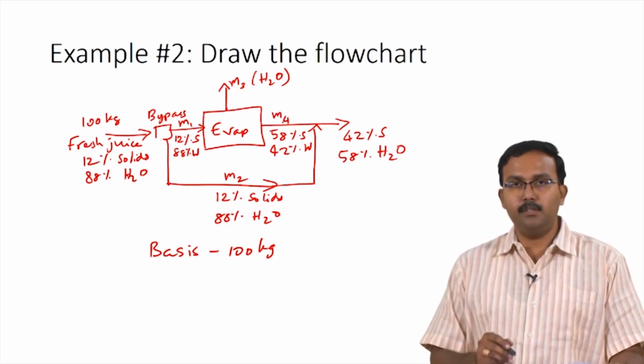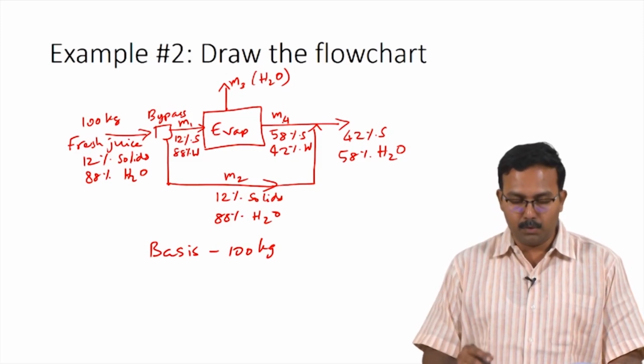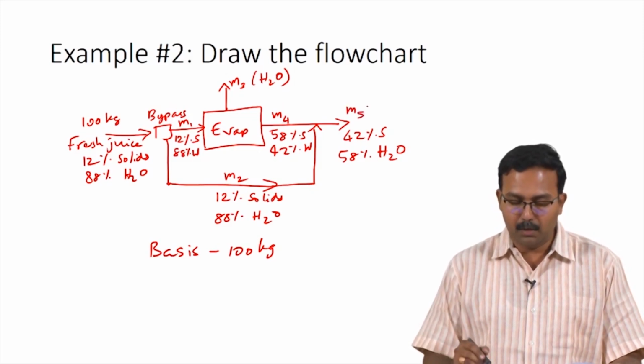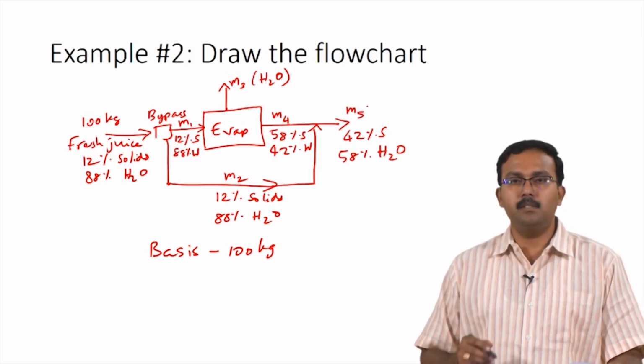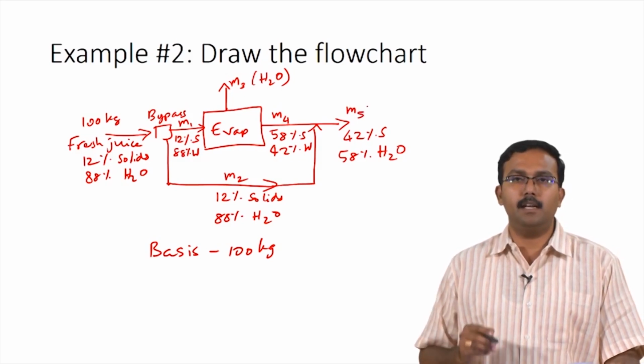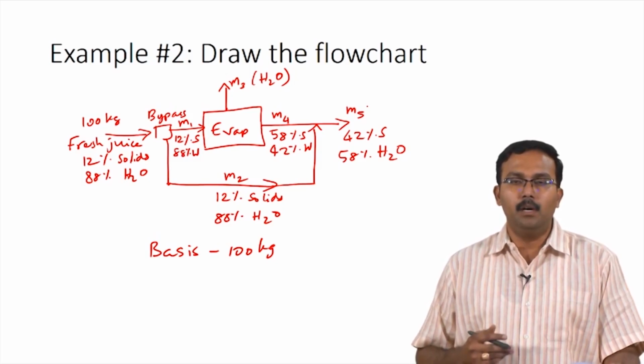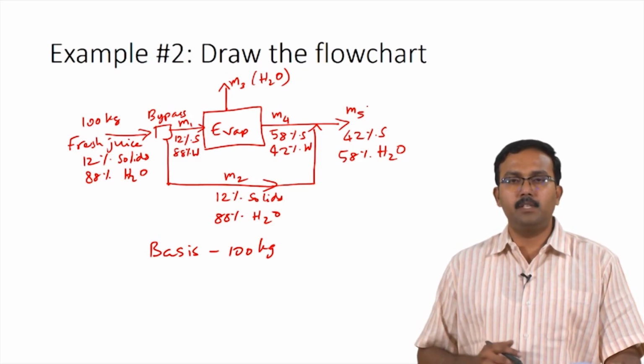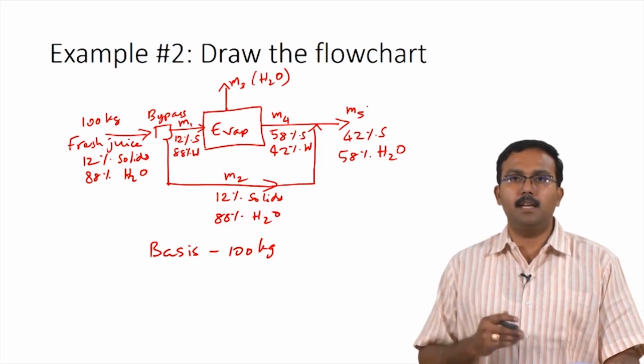This concentrated juice m4 is mixed with m2 to produce m5 kilograms of your final product which is the 42% solids containing juice.